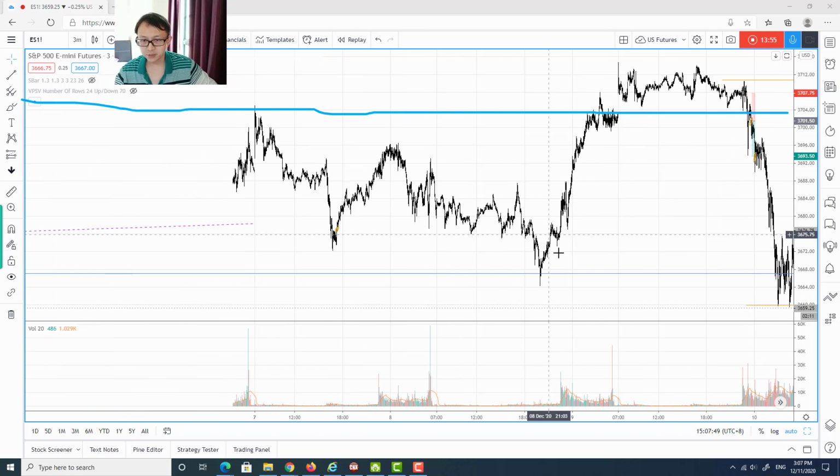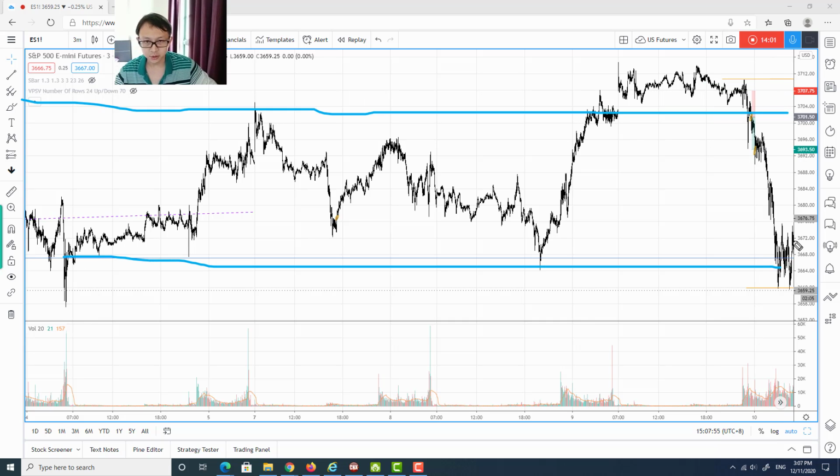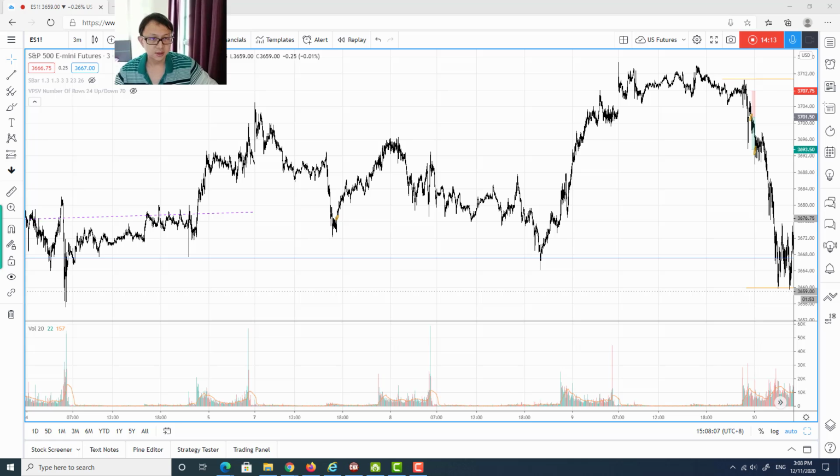That's pretty much the swing low right there, and you just revisit this trading range. So here we go, that is the trend, and also a revisit of the swing low. Okay, so this is the trade that I had.